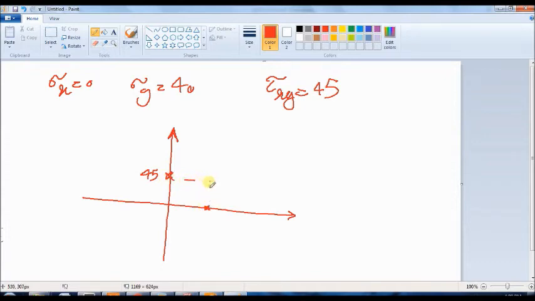Let me draw this. So we have these two points that have to be located on the circumference of the Mohr's circle. So let me draw this circle.